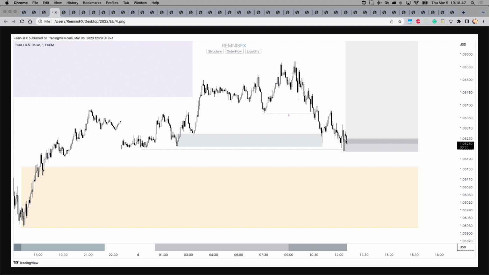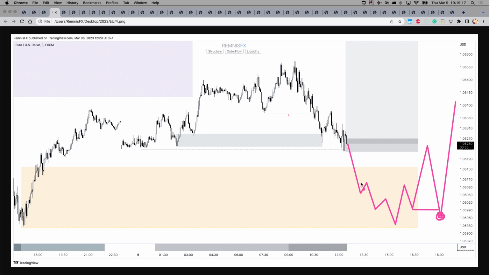Oh man, all my drawings are gone. Sorry for that. So yeah, at this point, basically what I was trying to show you guys, if price goes higher, my second position will be triggered. And if price continues down and mitigates this order flow first, and then gives me a proper setup from a bullish inducement point, I will enter here, right?